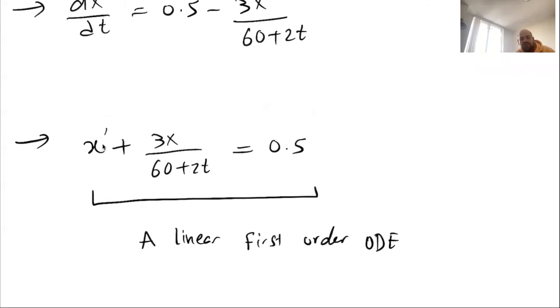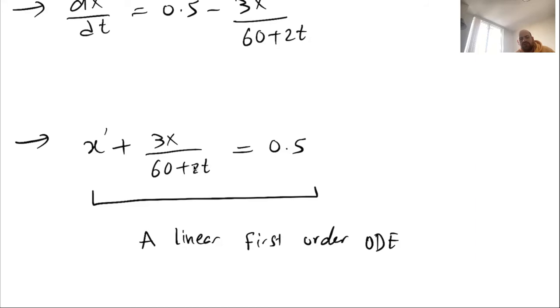It's something of the form, remember, we were saying y prime plus p of x times y equals f of x. Instead of y, here we have x. Our function here is called x. And instead of x, we have t. Our independent variable here is t, which is time.